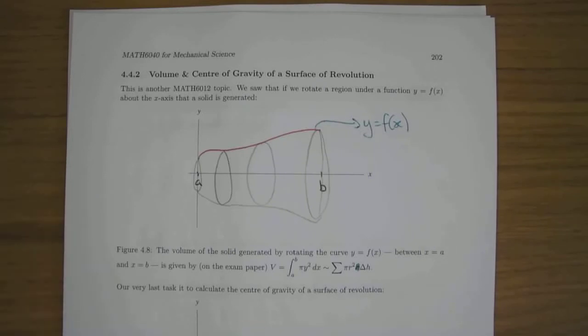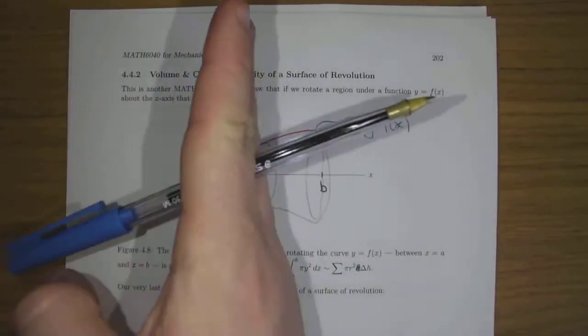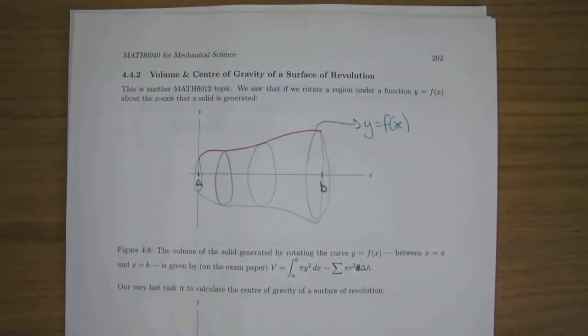So if you chop this up into essentially infinitely many little cylinders, each of their volumes will be infinitely small. To find the total volume, you add up the infinitely small volumes of the infinitely many little cylinders. Okay, and it's given by this formula here.